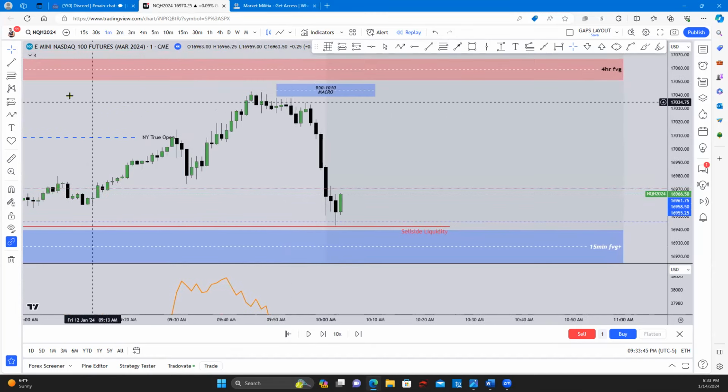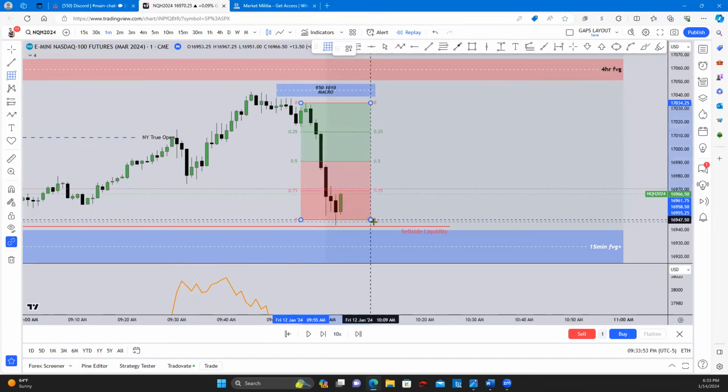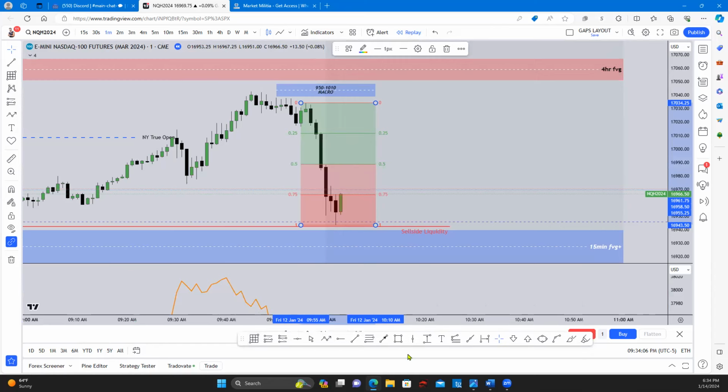So I then wanted to get a pullback into a premium. So these last two up close candles here, before the down move before we started to pull back, 50%, right? Or in a premium would be this 1 minute gap in here. Move this down here.